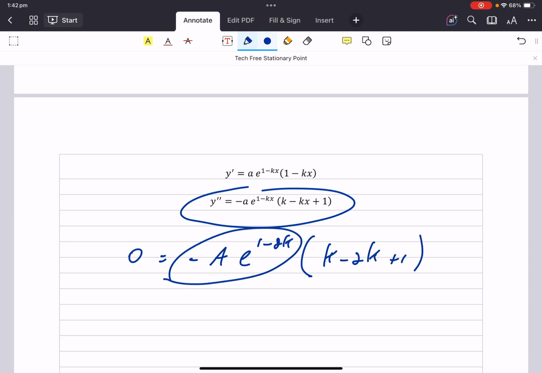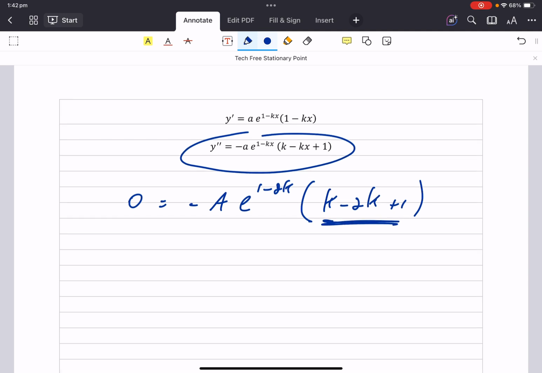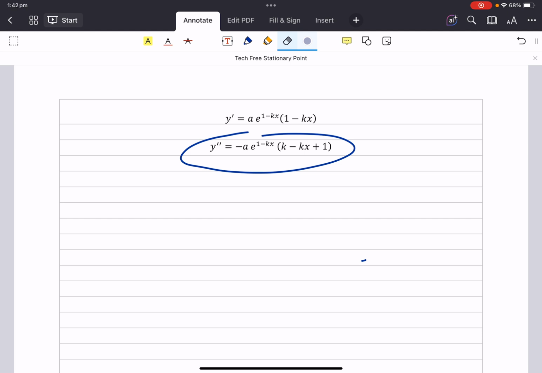Clearly an exponential can't equal 0, that's why we want factor form. So this thing here will equal 0. K minus 2k plus 1 has to equal 0. So that will be k equals 1.